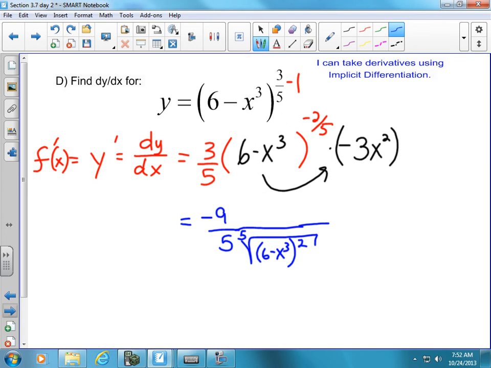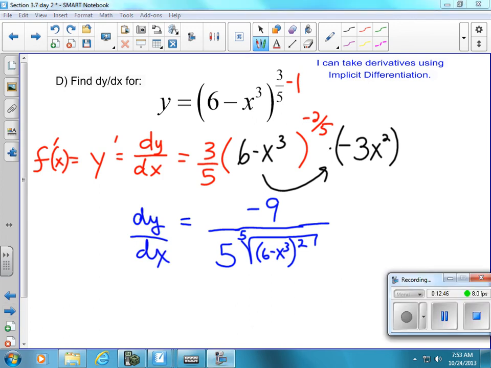That's another way that this could be written, so just so you know that. And I need to bring down my x squared here, so make sure you don't lose part of the answer.